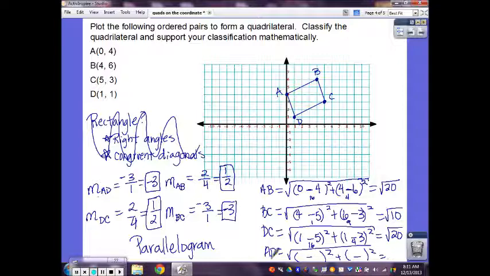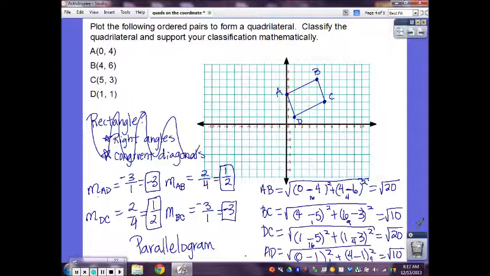And then AD, A's coordinates are 0, 4. D's coordinates are 1, 1. So using mental math, 0 minus 1 is negative 1. Negative 1 squared is in parentheses, so it's negative 1 times negative 1, which is positive 1. 4 minus 1 is 3. 3 squared is 9. So 1 plus 9 is 10.